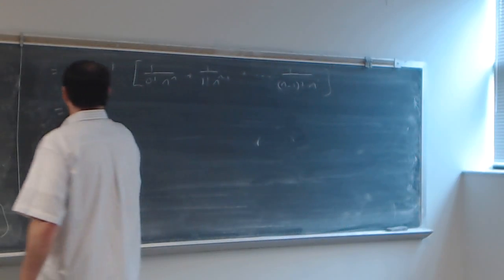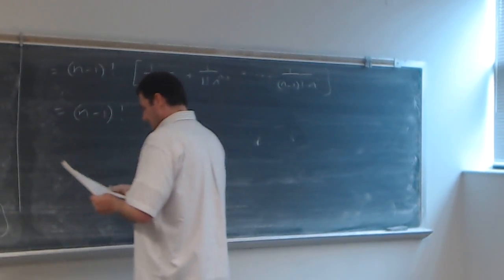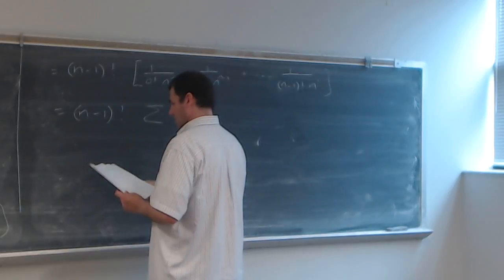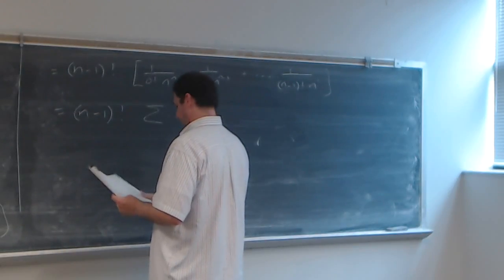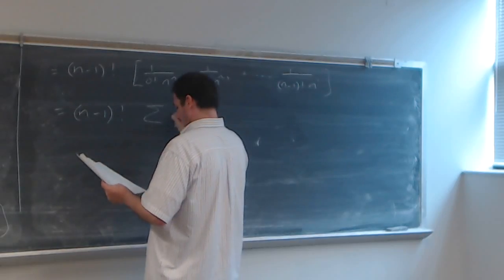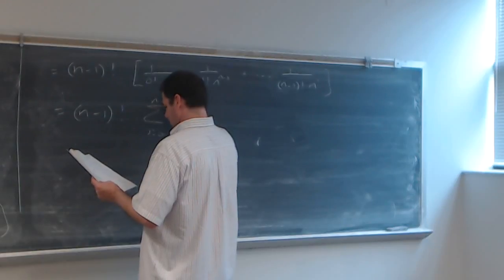That's equal to n minus 1 factorial times the sum as j runs from 0 to n minus 1.